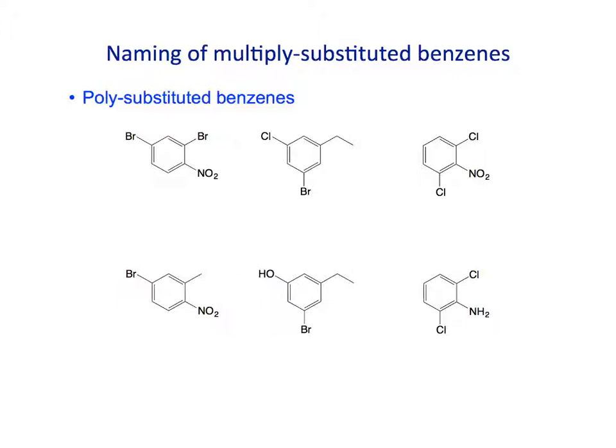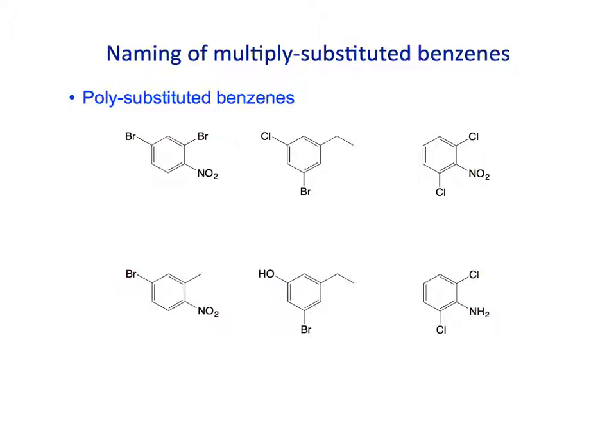If we look at the first one, the upper left, is there one of those monosubstituted benzenes in it? No, not really. We had nitrobenzene or bromobenzene, so all of these we have to do on their own. Where should we start numbering to give the lowest substituent numbers?